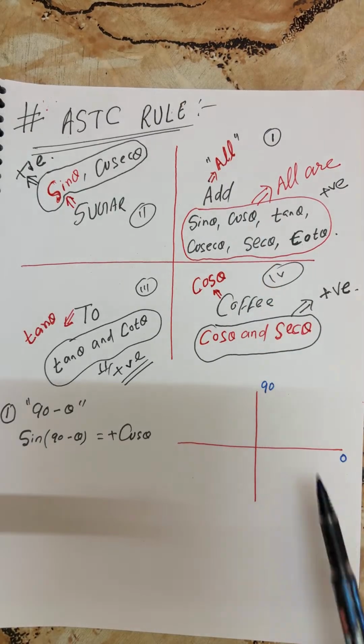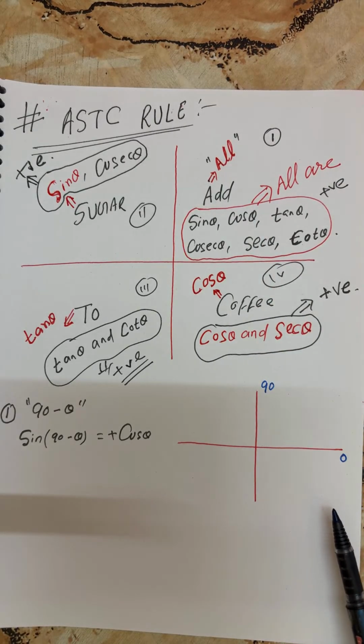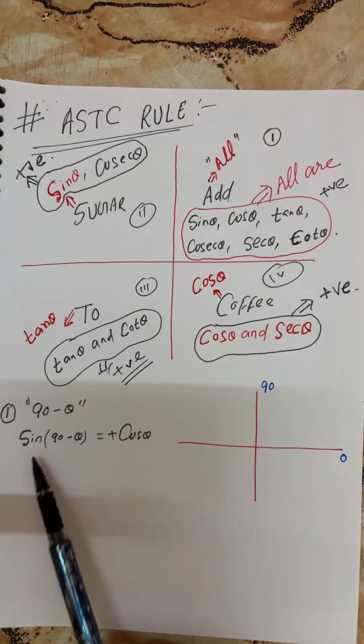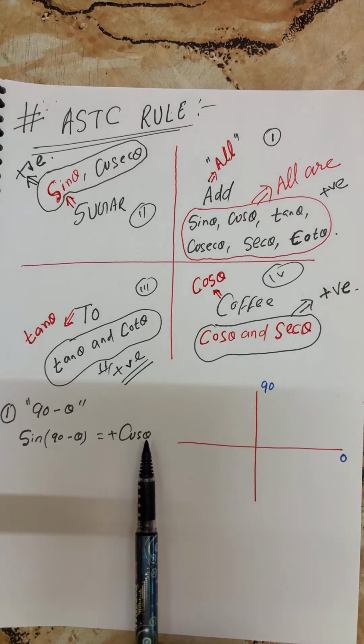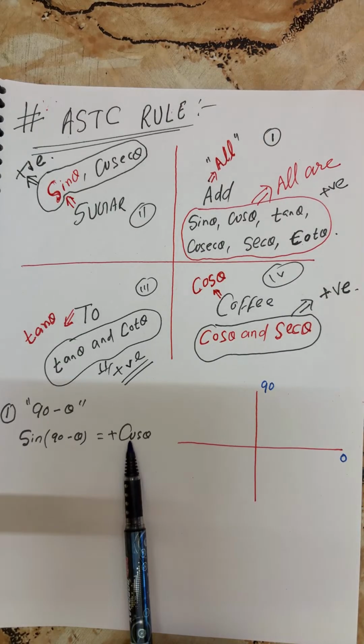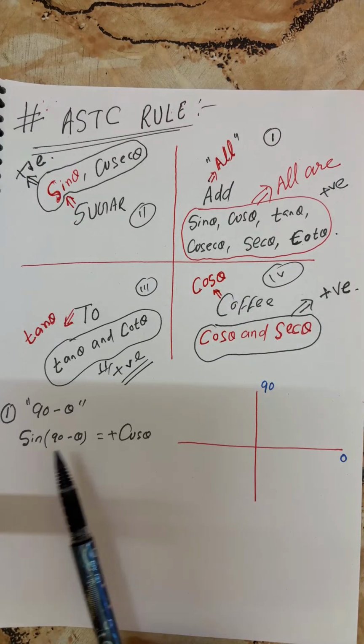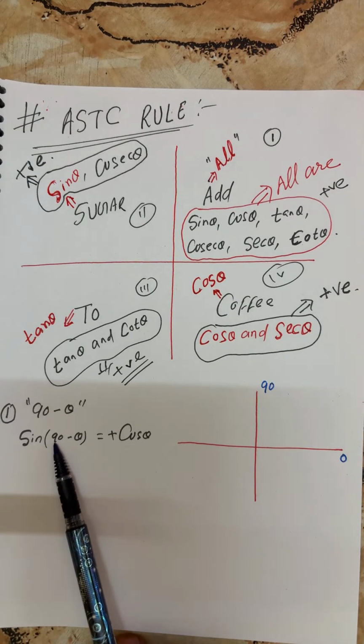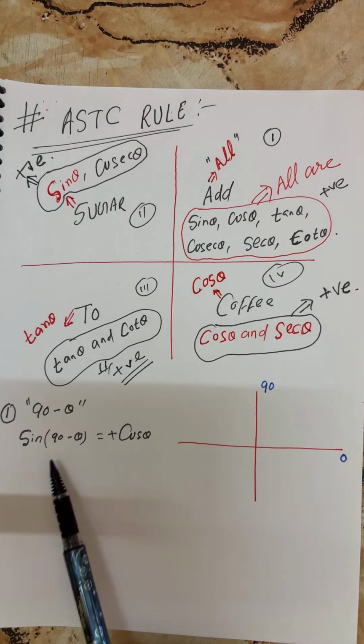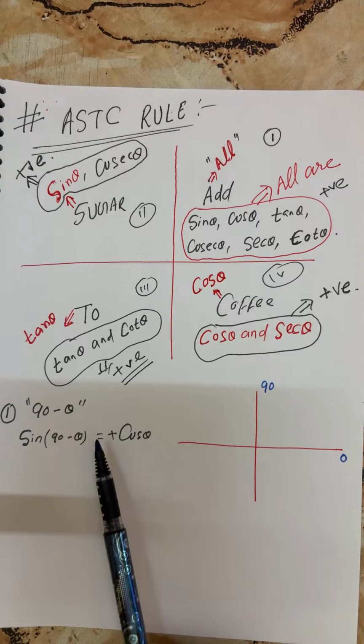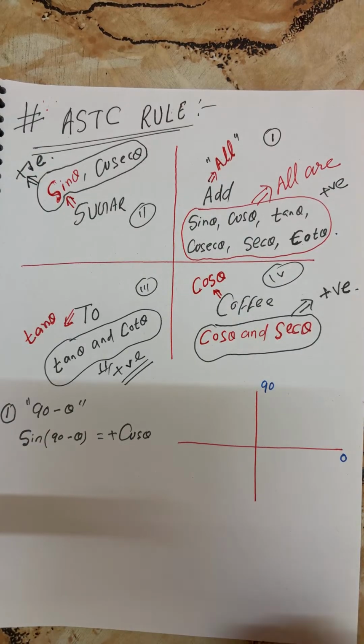So sine of 90 minus theta will definitely change the function to cos theta. Plus cos or minus cos totally depends on the initial function, in which quadrant the initial function is lying. According to this, we can tell plus or minus, right?